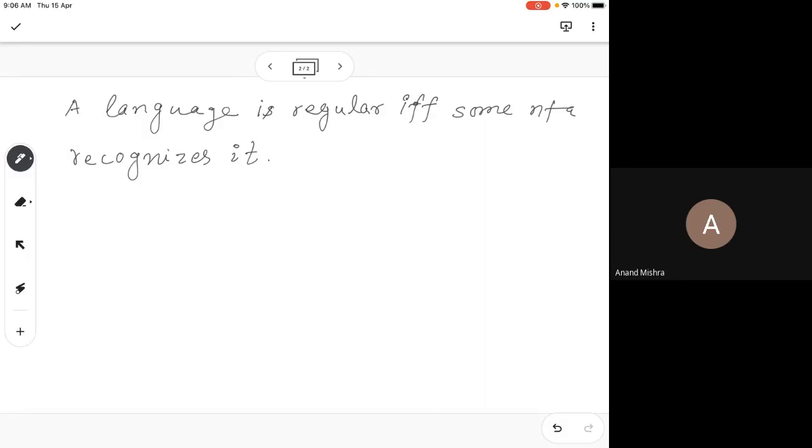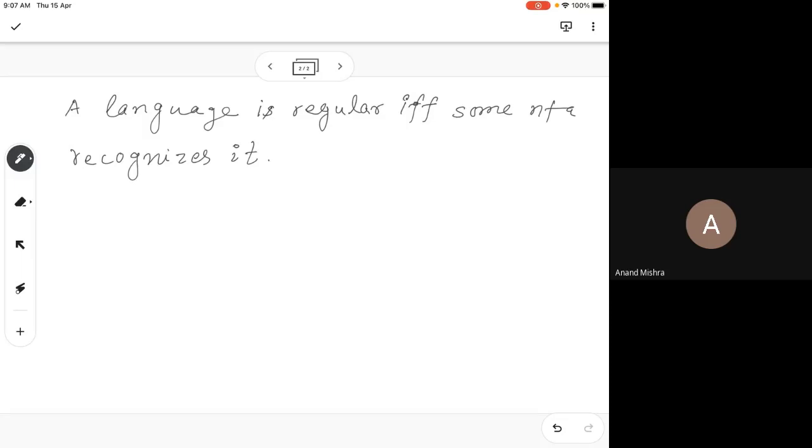That means if a language is regular, then some NFA recognizes it, right? That is very simple, because if it is regular, then some DFA recognizes it, and a DFA is nothing but a special type of NFA. So that forward side is very clear.